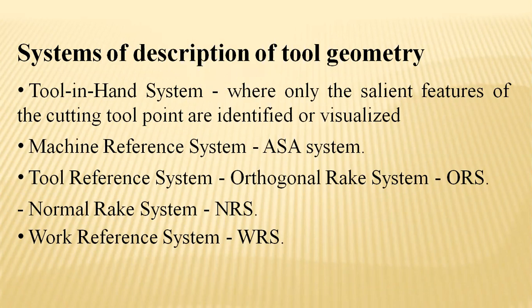The second one is the machine reference system. It is also called the ASA system, automatic system reference axis system. Here, based upon the given program, the machine automatically gives the set of instructions to the tool for the commencement of the machining process on the job.